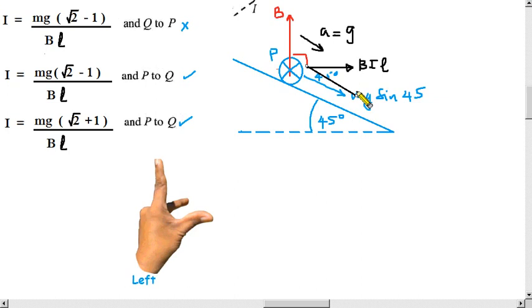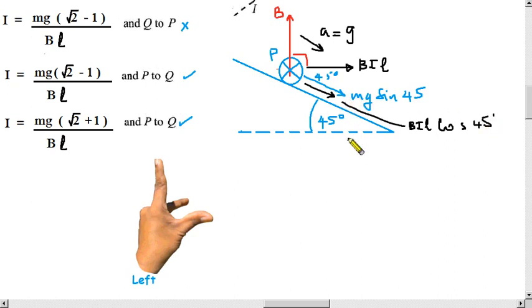When you turn it towards the angle, we get cos. So we get BIL cos theta, cos 45, theta is 45.